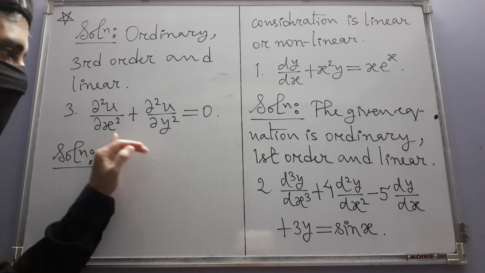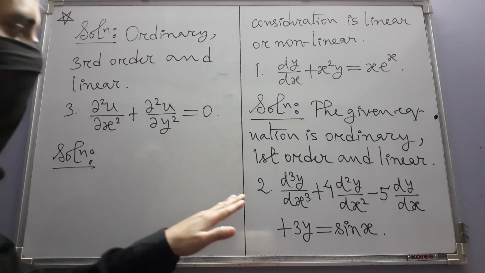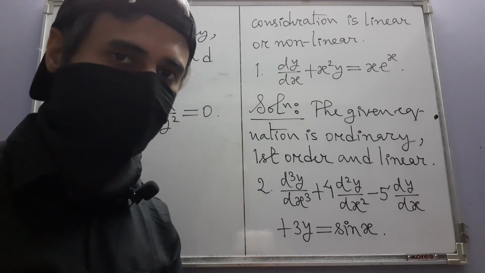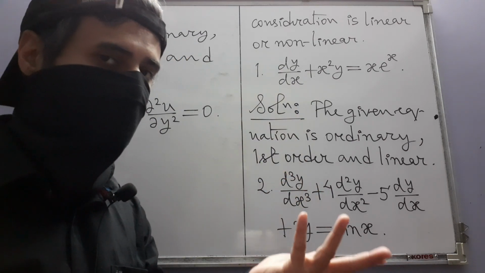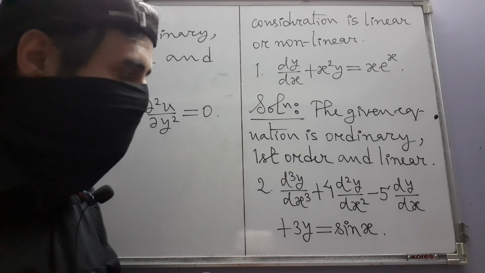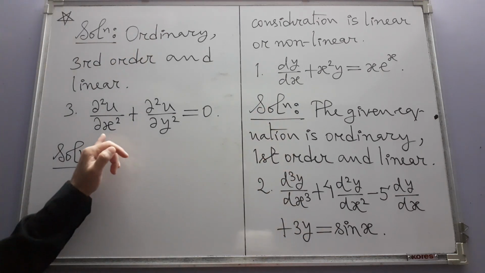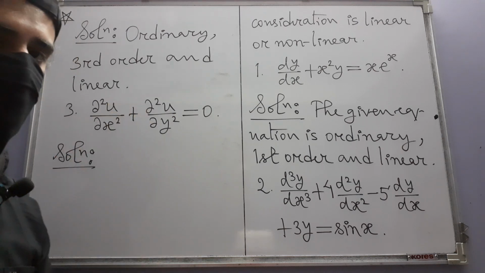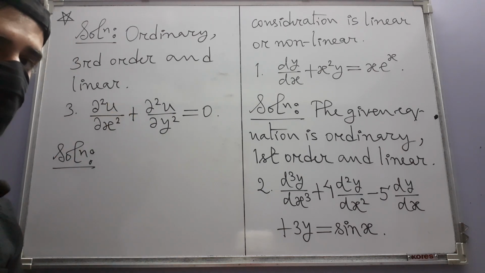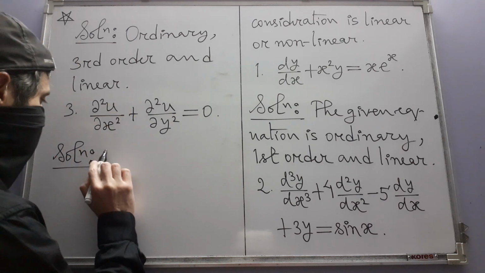Actually, you just have to see the number of independent variables. In both these equations, there is only one independent variable in each case, which is x. Here, however, we see two independent variables, which is why partial derivatives are appearing. So, this is a partial differential equation.